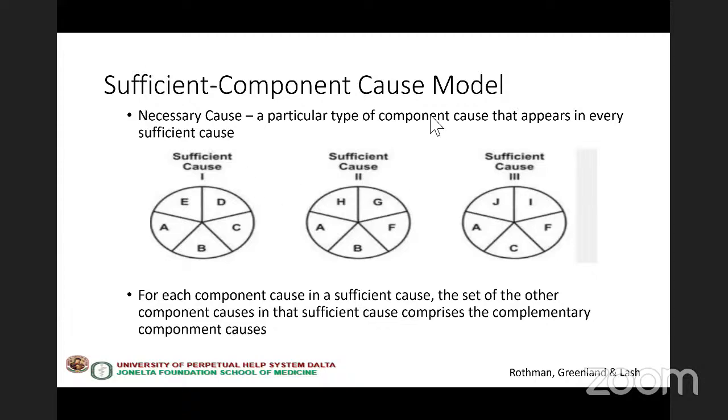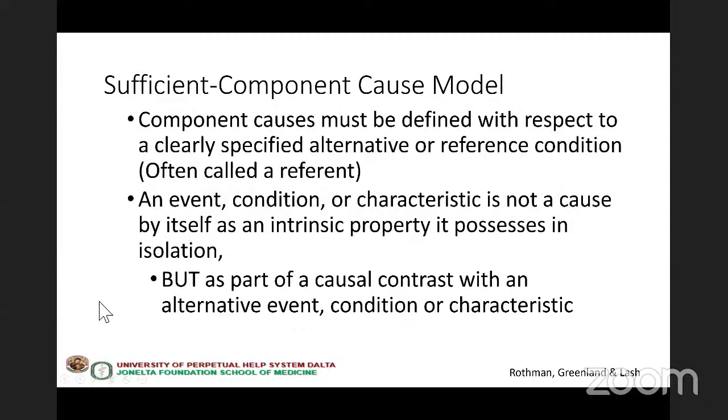So your necessary is part of your sufficient, a subset of your sufficient. But that would be necessary for the outcome to occur, which you will see later. Okay. So component cause, this would be your necessary but not sufficient, must be defined with respect to a clearly specified alternative or reference condition.